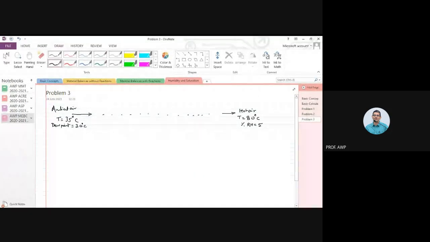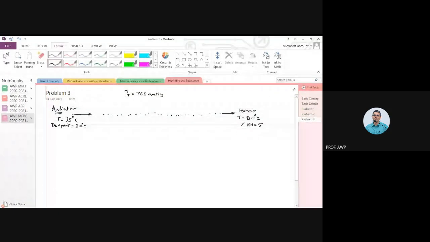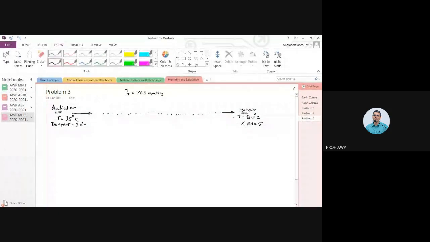Okay. You have to figure out now, let's say total pressure, just to make your life simple, is 760 mmHg. Right? You have to figure out what you need to do to go from this ambient air to hot air at 80 degrees centigrade. Okay.